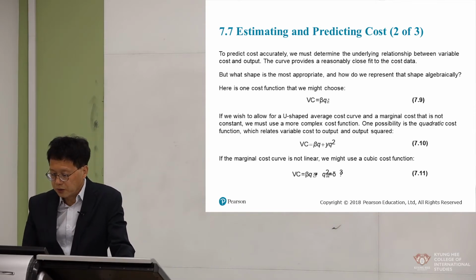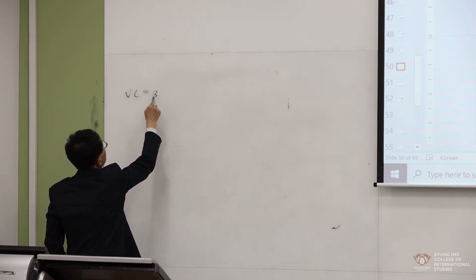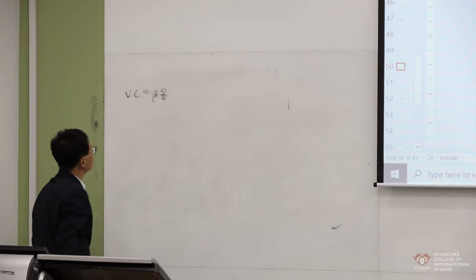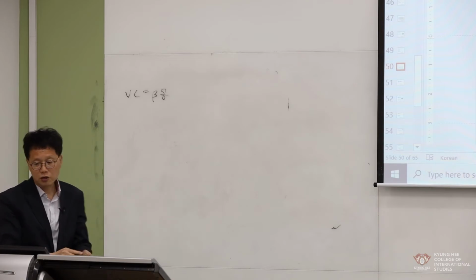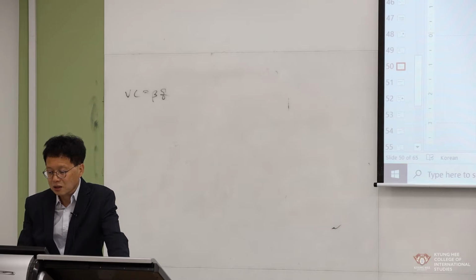The first example is variable cost equal to beta Q. Variable cost is simply beta Q, a linear relation. As Q increases, variable cost increases at a constant rate, right? You can choose this one.